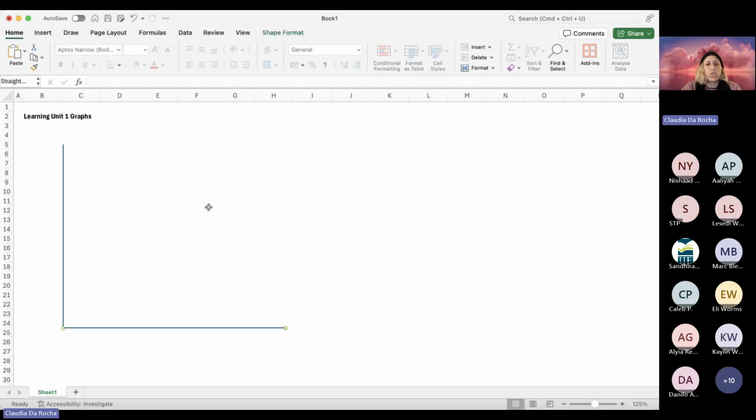Okay, so we have two graphs that we need to worry about. The one is the weighted marginal cost of capital graph. That's what we are worried about.